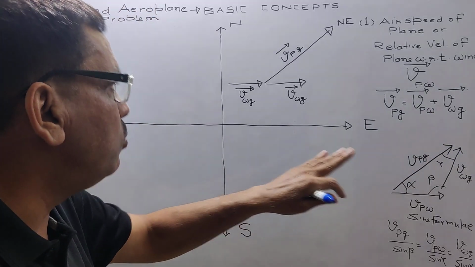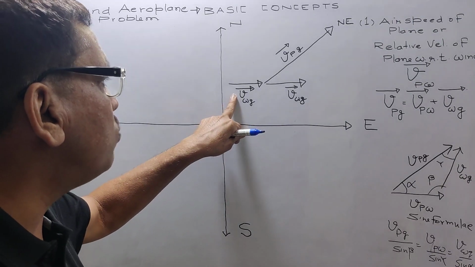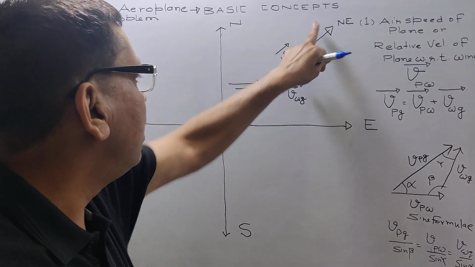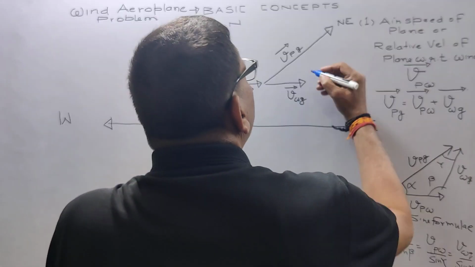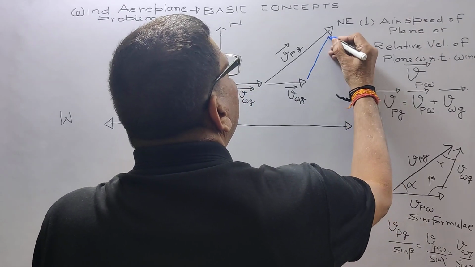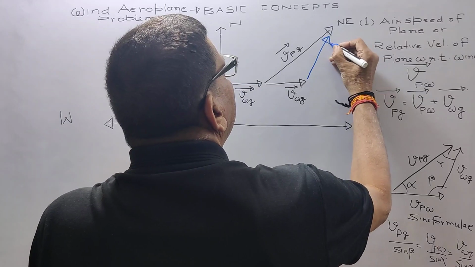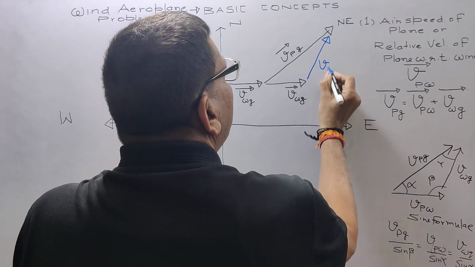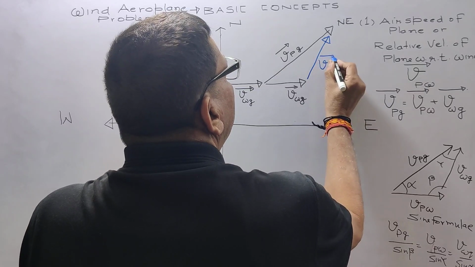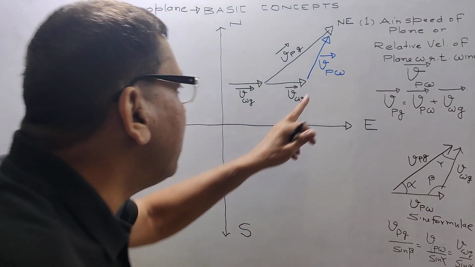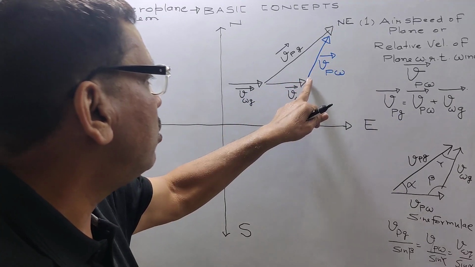Now if you see VPG, the velocity of plane with respect to ground, is VPW plus VWG. It means if I take this one and join this, I will not get VPG. But if I join this one, I will get the direction of VP with respect to wind. It means the pilot will take the plane in this direction. Now what is this direction?